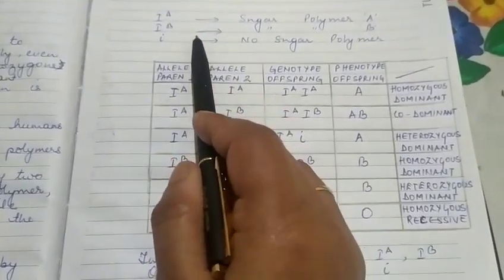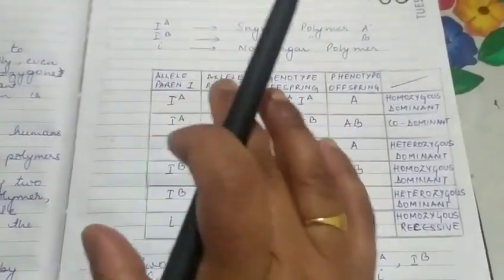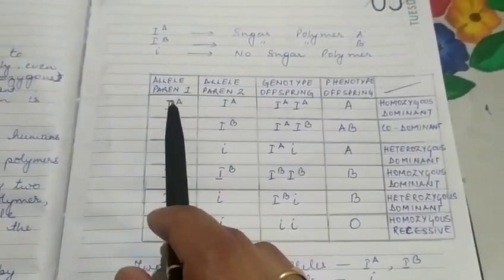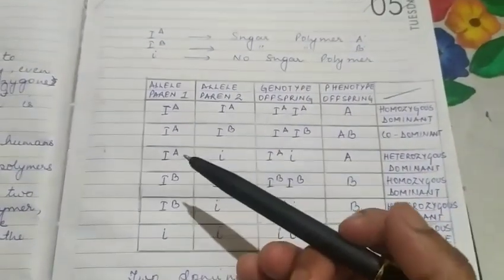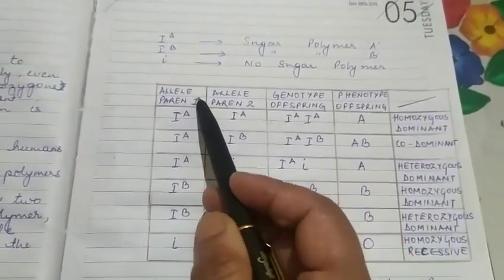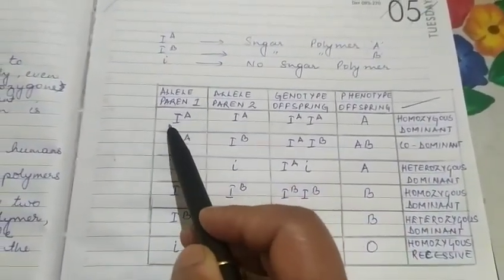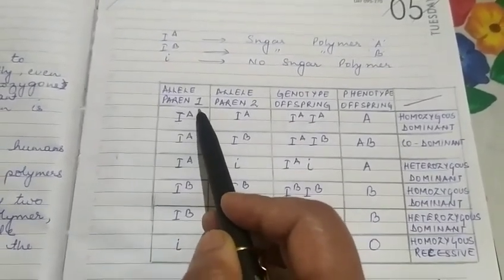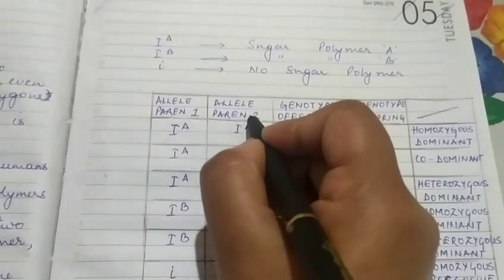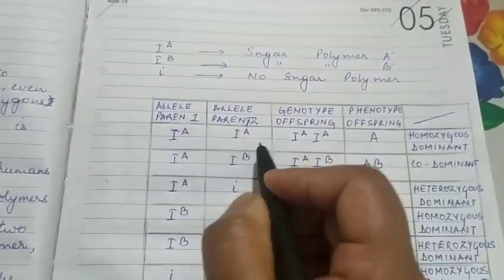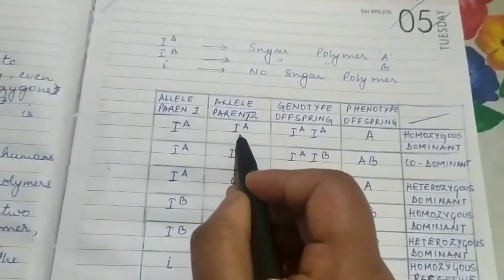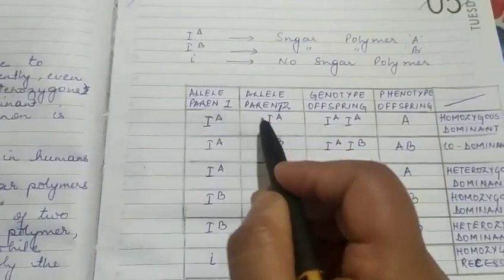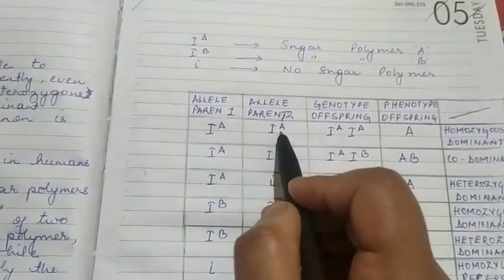Let us say from parent 1, whatever combination of genes is present for the gene I, maybe IA, IB, or whatever, one parent gives the gamete carrying IA. From the second parent comes IA too, the same type of allele, very much possible.